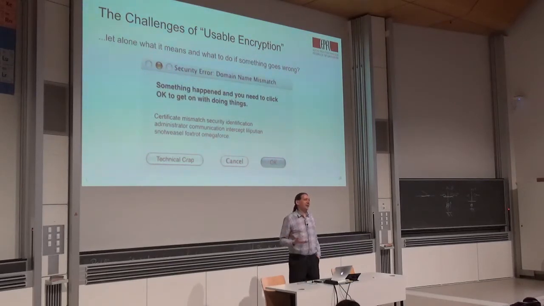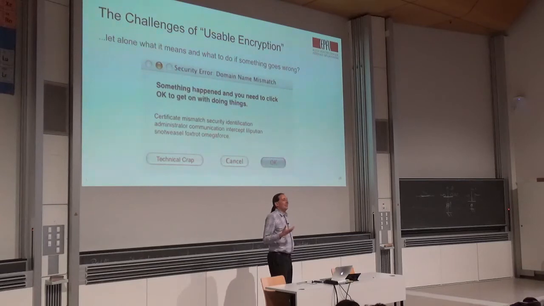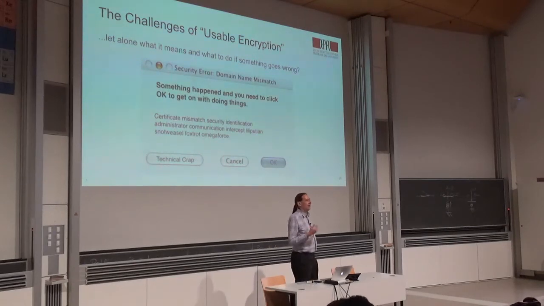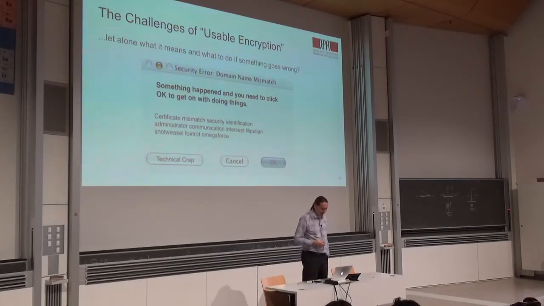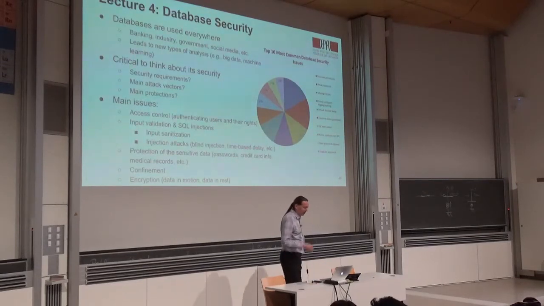And often it's totally not clear. Okay, something went wrong. What do I do? How do I even think about that? That's a big problem for encryption and security in general.